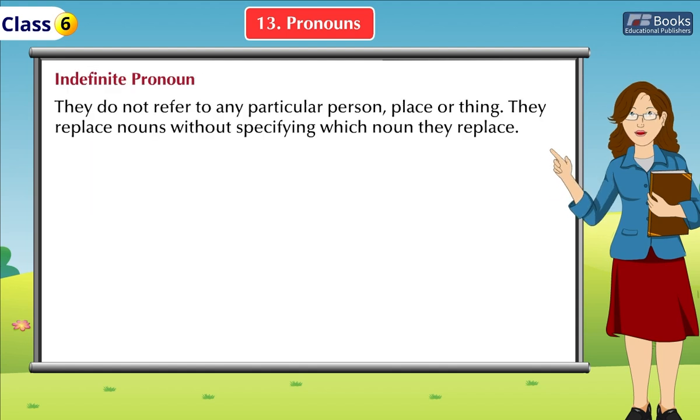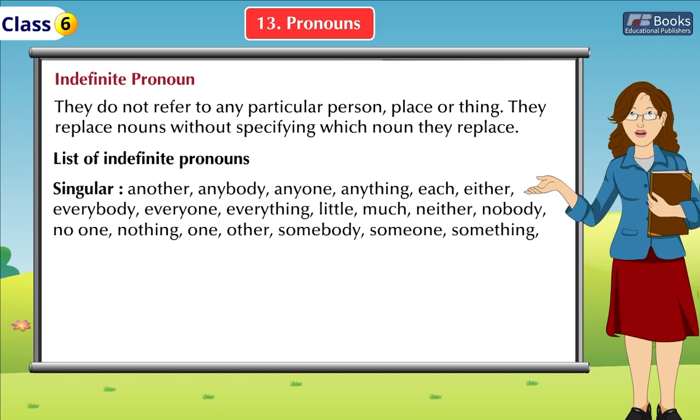Indefinite pronoun: they do not refer to any particular person, place, or thing. They replace nouns without specifying which noun they replace. List of indefinite pronouns. Singular: another, anybody, anyone, anything, each, either, everybody, everyone, everything, little, much, neither, nobody, no one, nothing, one, other, somebody, someone, something.